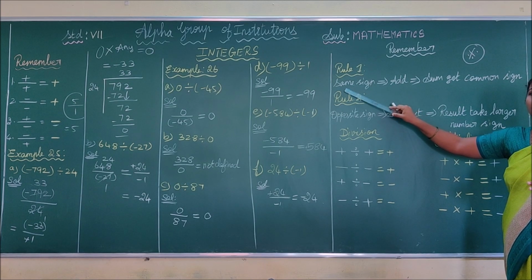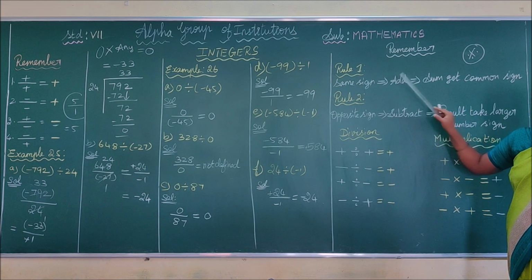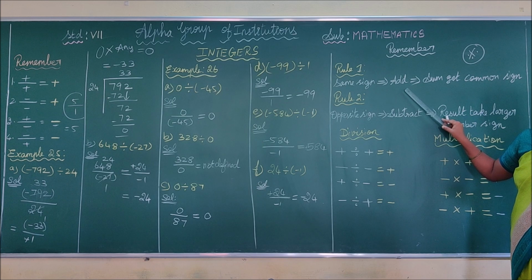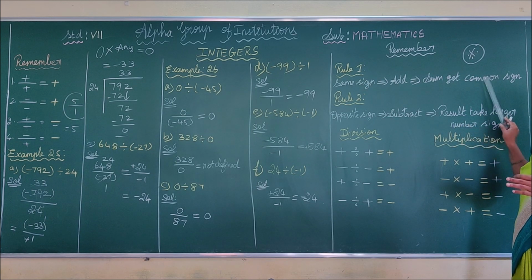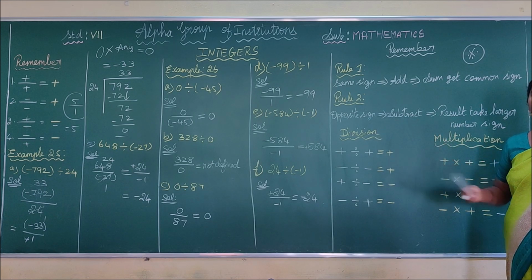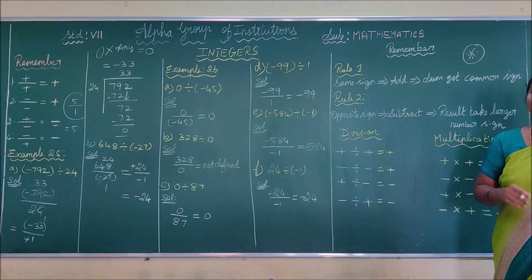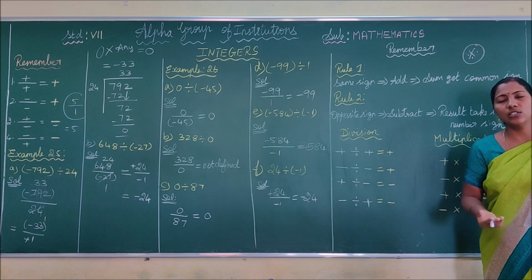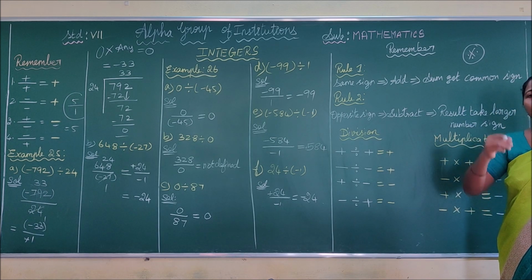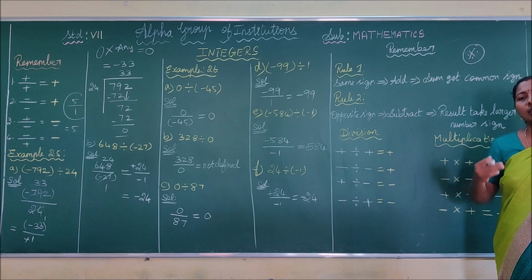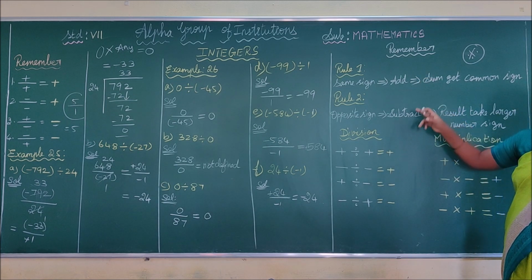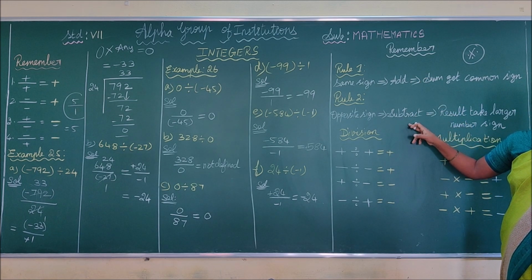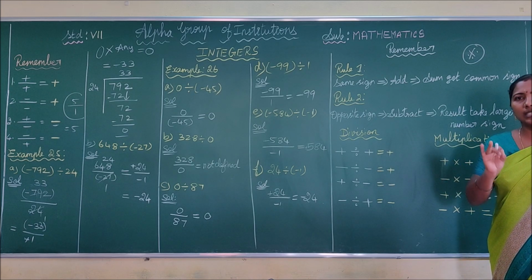If the given integers have the same sign, you have to add the integers, and the sum takes the common sign. What is rule 2? If the given integers have opposite signs, you have to find the difference. That is, you have to subtract the smaller number from the larger number and the result takes the symbol of the larger number. These are the 2 rules you have to follow in addition and subtraction.